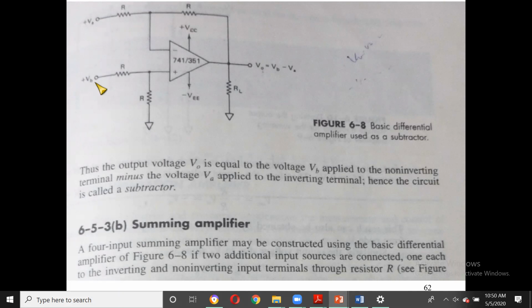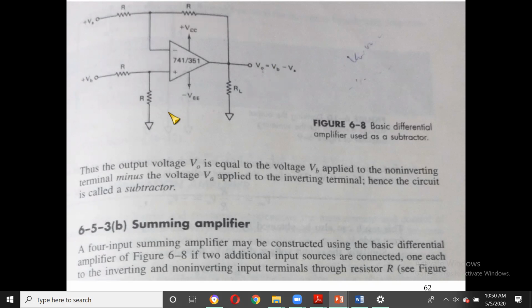If you ground this, then VB by 2 will be available, and these are two resistors, so we'll get 1 plus R by R, that will be again 2. So this is VB by 2, and VB by 2 into 2 will give you VB only.